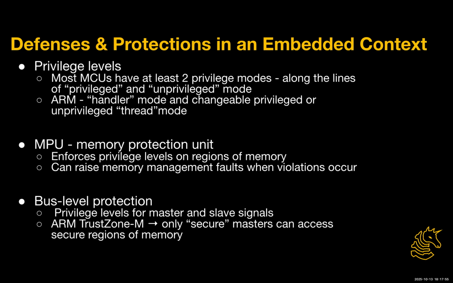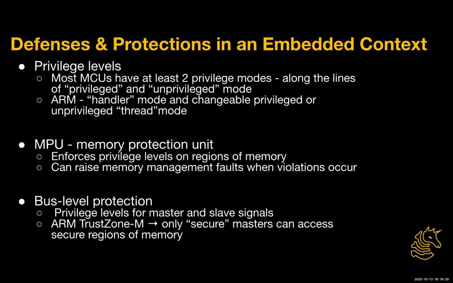Another way memory is protected is through bus level protection. When we have peripherals that we interact with using SPI or other communication protocols, there's usually a master and a slave, so we have the master signal and the slave signal coming from the peripheral. If we have a device that we're interfacing with, we can have bus level protection such that we label masters as secure or insecure.